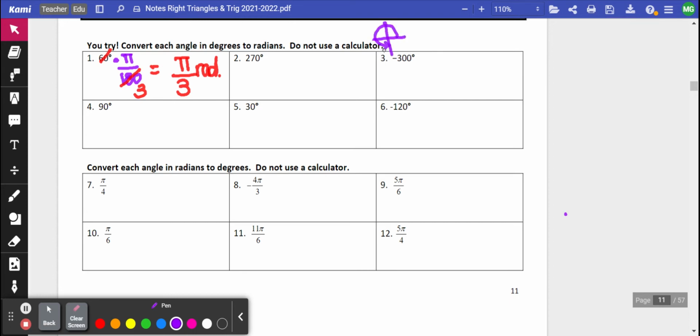It's 3/4 of the way around. So it's got to be more than pi because pi was halfway around. So we will multiply by pi over 180. We'll do some reducing. These are both divisible by 90. So this is 3 and this is 2. So that tells us that 270 degrees is equal to 3 pi over 2 radians.